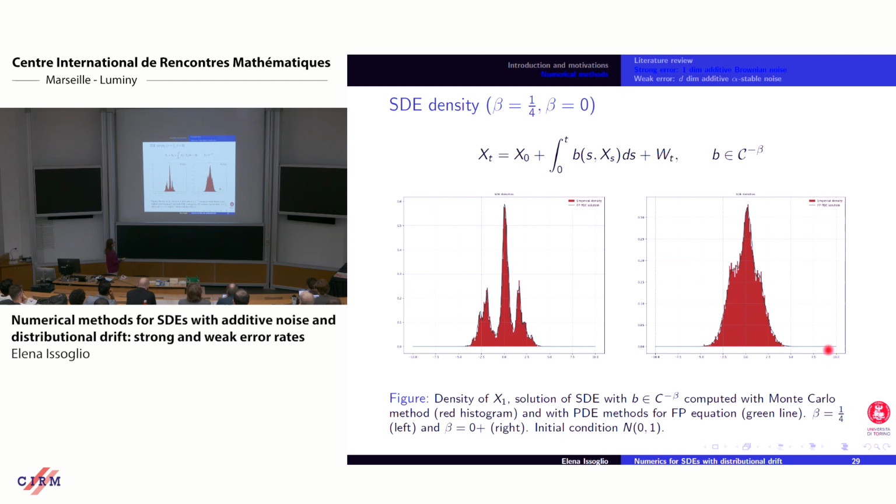So it's much smoother. The other thing I want to point out is that there is a green line which covers the red line, because we computed the density in two different ways. The green line is where we solved the Fokker-Planck equation and plotted the corresponding solution. And the red line is the Monte Carlo histogram at time 1. They fit really quite well, so this was comforting to see.